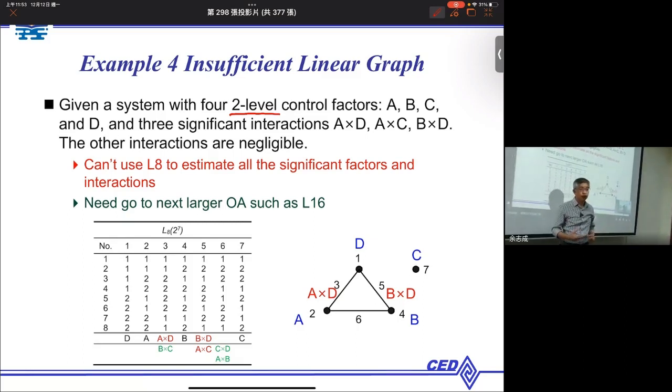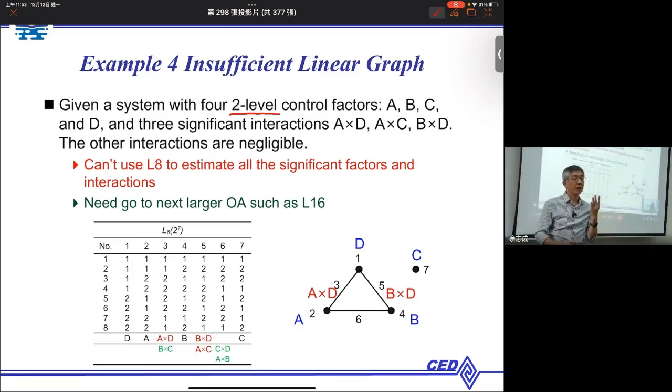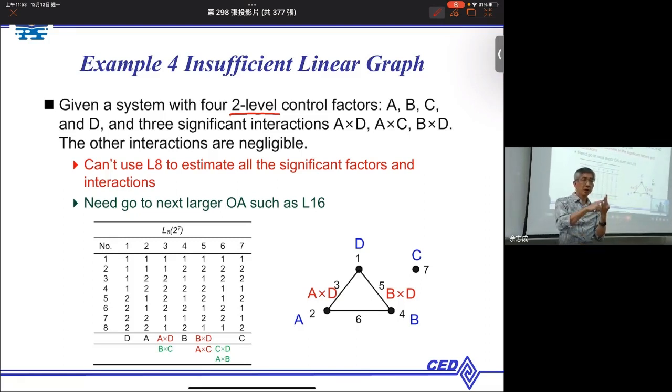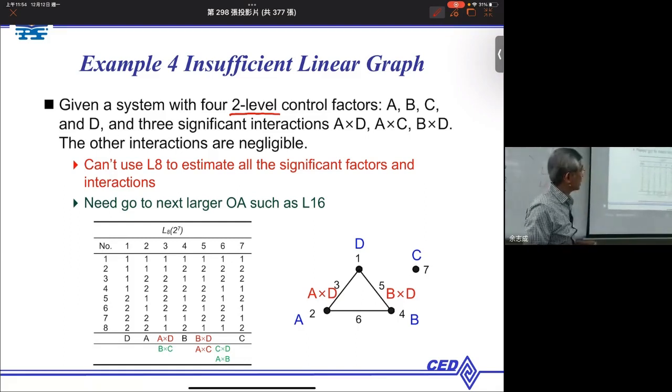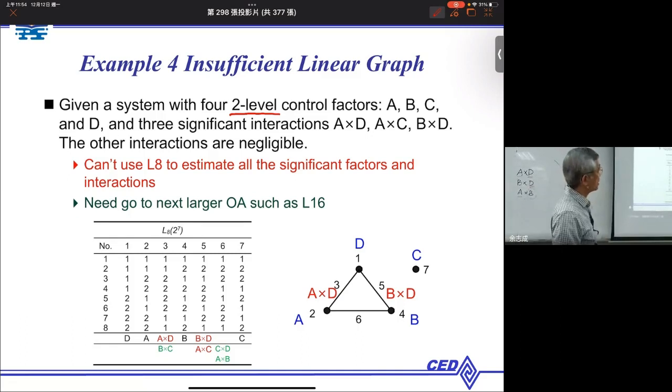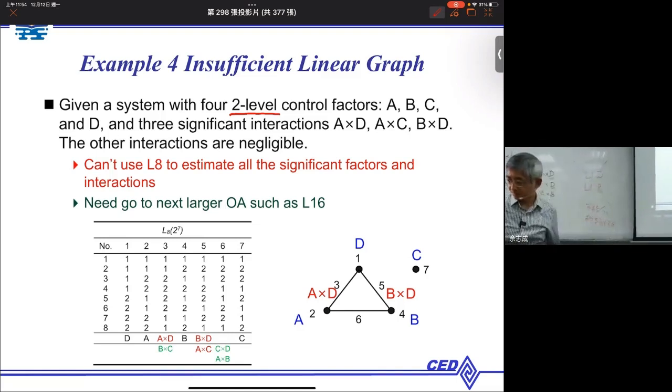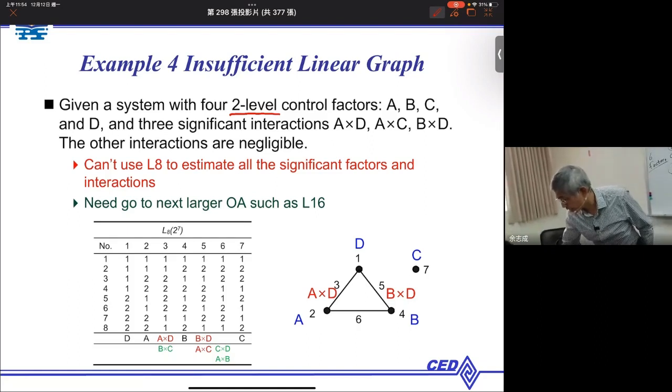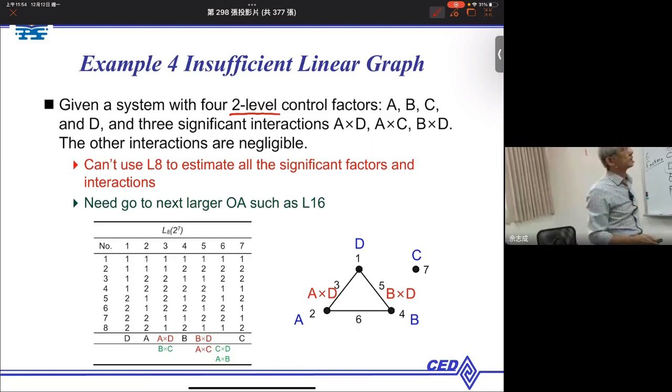Theoretically, it is good for a design with 4 two-level factors and 3 interactions. But let's try to do that. You'll find out that no matter how you arrange your design, you cannot make sure all 3 interactions can be estimated. Why? Let's try this first arrangement. You can look at the problem and you probably will know why already.